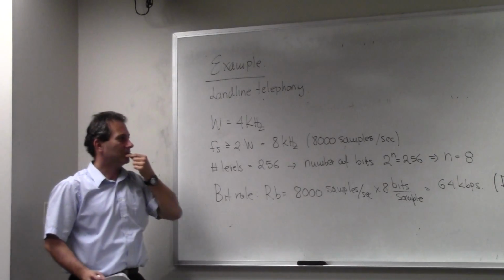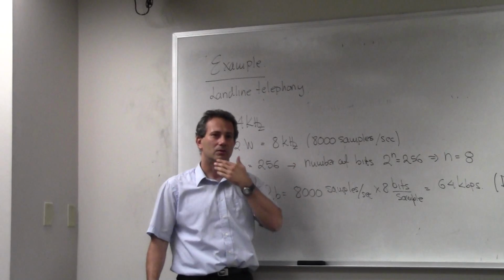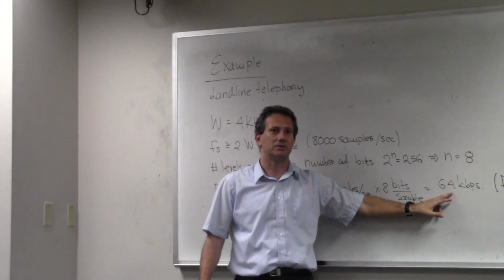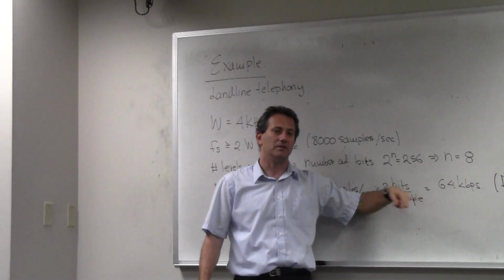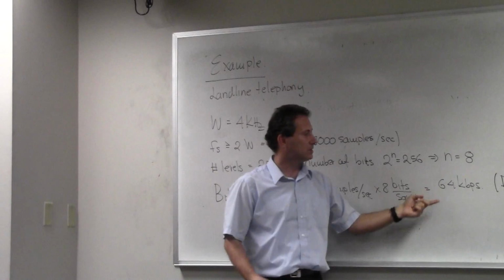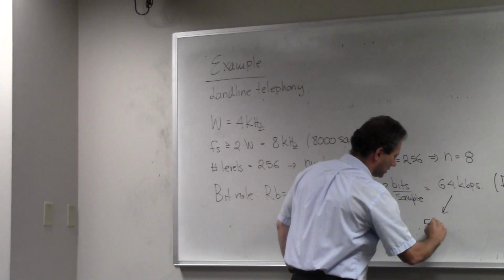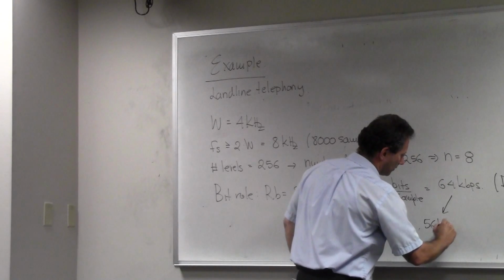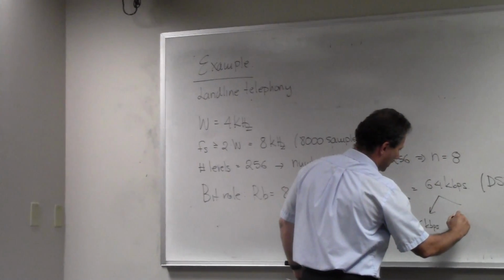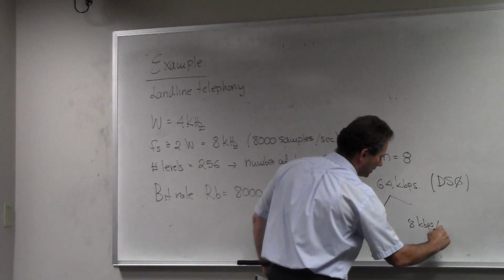Now, it turns out we don't dedicate everything to voice. In North American telephony, we steal 8 kilobits per second and give that to signaling. So the 64 kilobits per second is split into 56 kilobits per second for really voice, and then 8 kilobits per second for signaling.